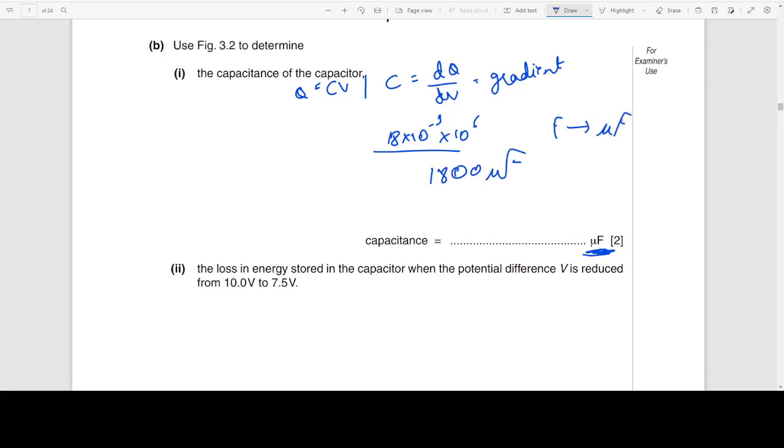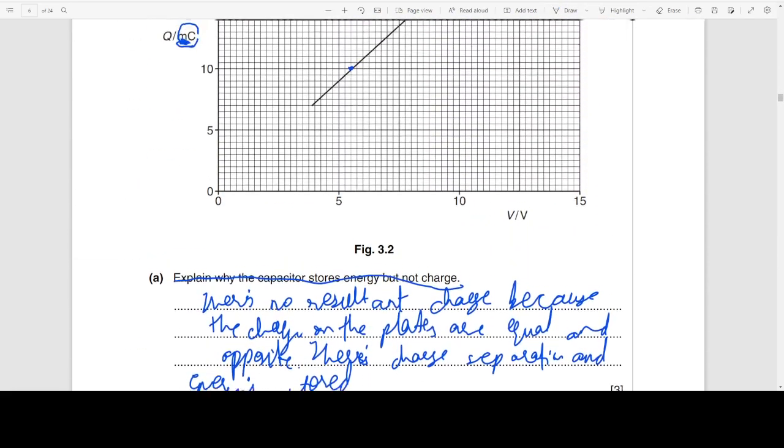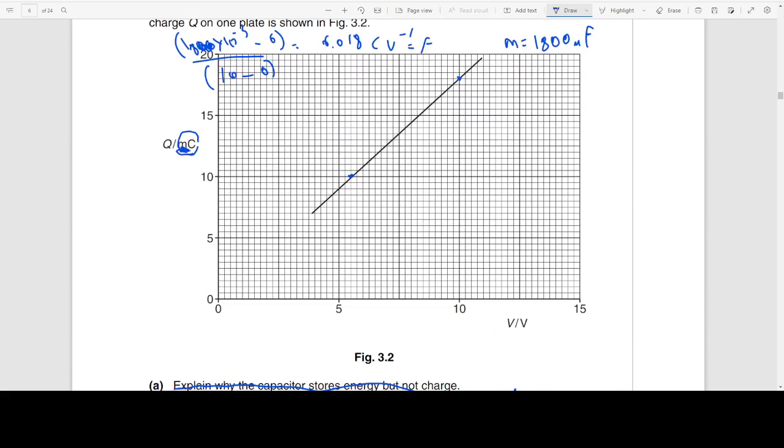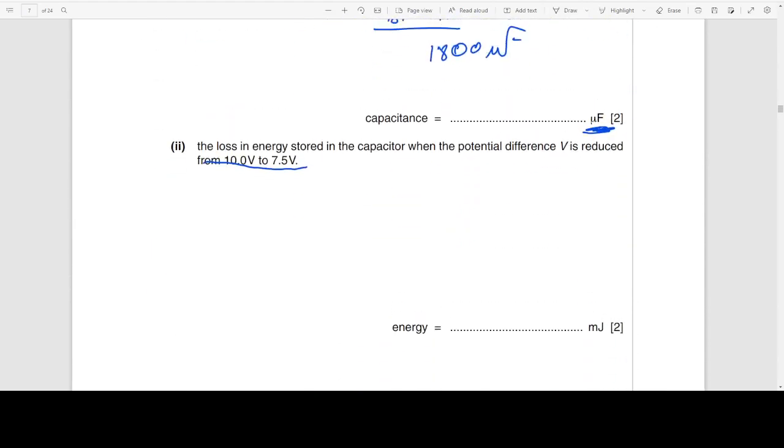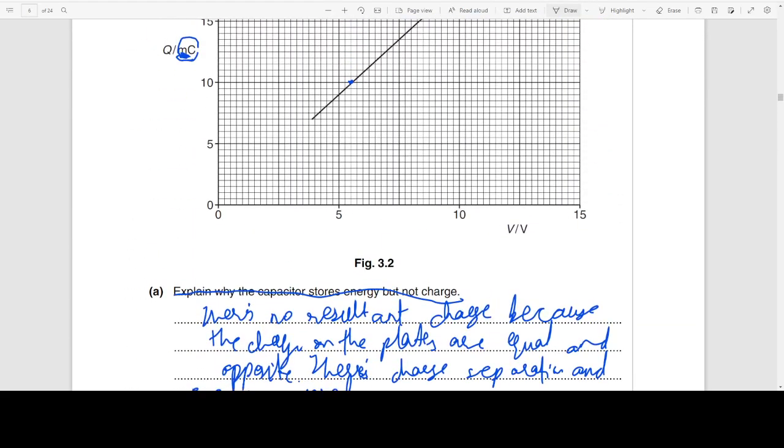The loss in energy stored in the capacitor when the potential difference V is reduced from 10 volts to 7.5 volt. So from 10 volts to 7.5, somewhere around here.